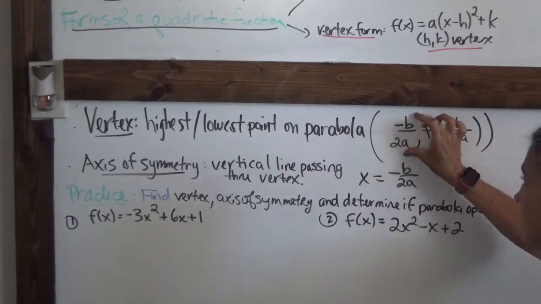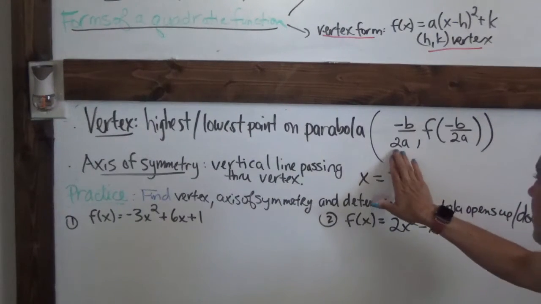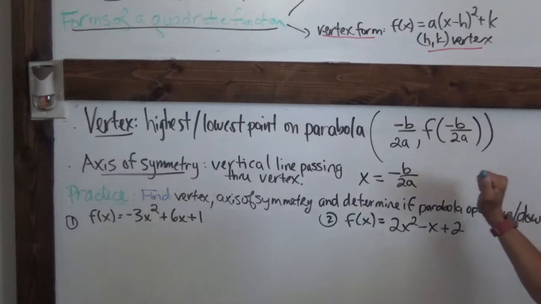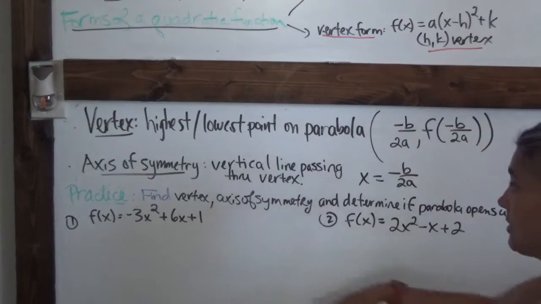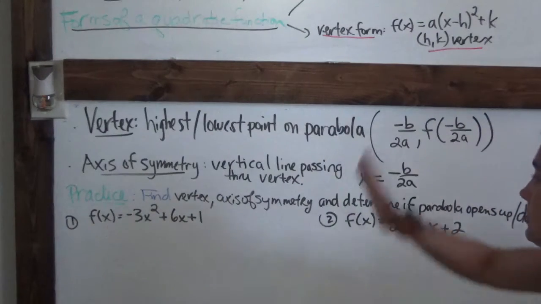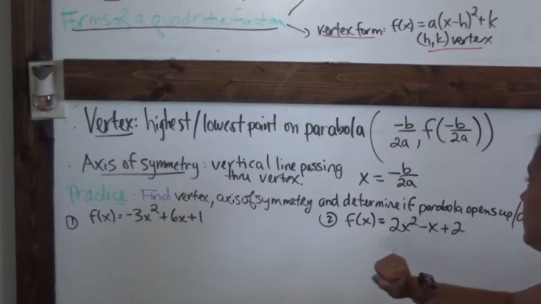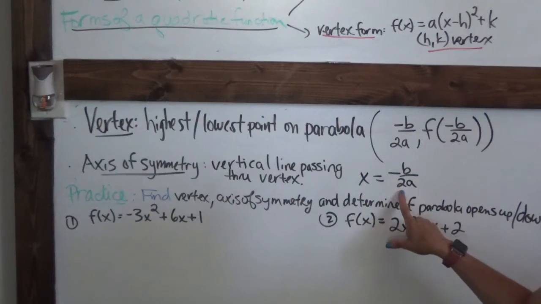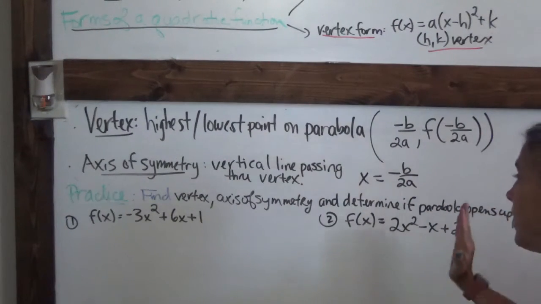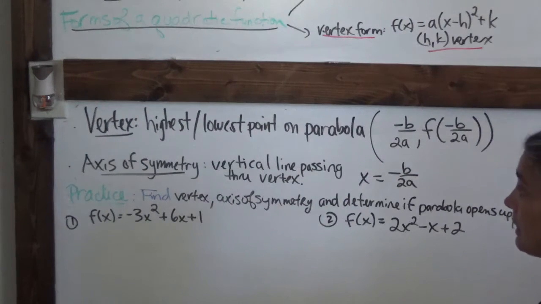That's to get my x of that point. And I'm going to take that answer and do f of that point to get the output for that vertex. The axis of symmetry, which is the line that's going through the vertex, is just taking the x part of that vertex, so you already have the answer, and making it x equals, because it's a line going through the x part of the vertex.